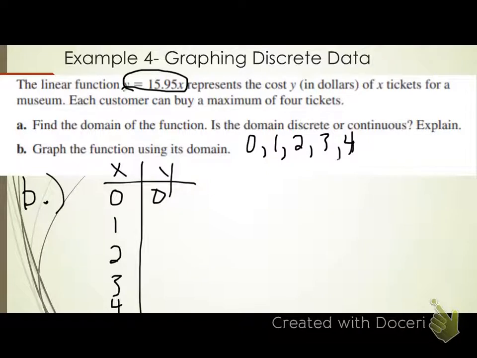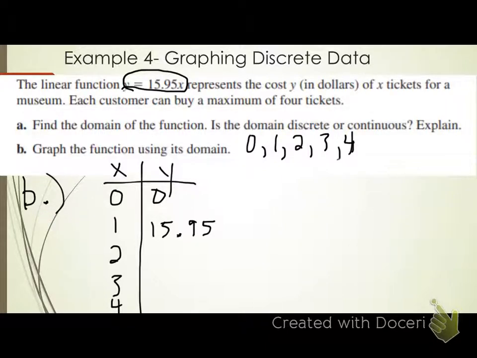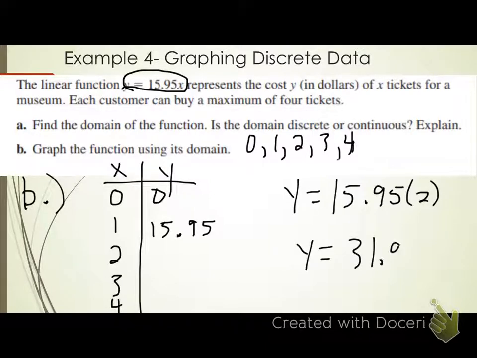I'm just going to do that with all my x values. Just plug them into my function. So for 1, it would be 15.95, because 1 times 15.95 is 15.95. Plugging 2 in, that would give me 31.90.